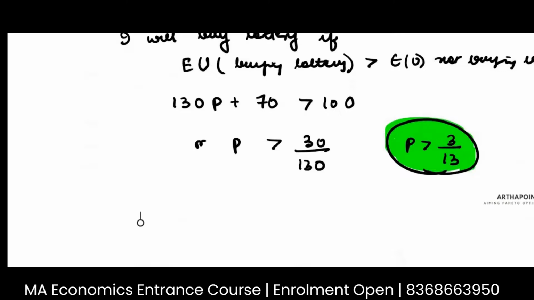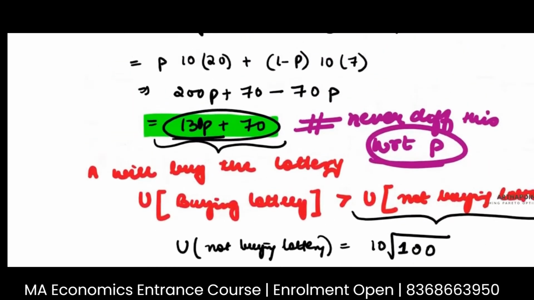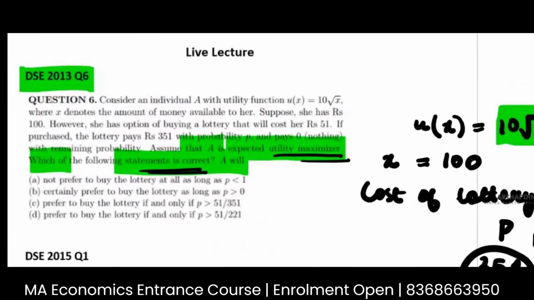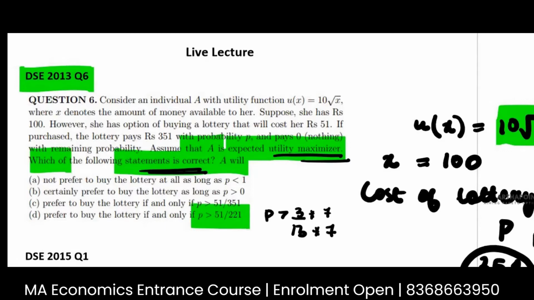So for example, if I go back to my question, ideally P greater than 3 by 13 is the answer we got. If I multiply both by 17, I will get P greater than 51 by 221. So the answer is D.